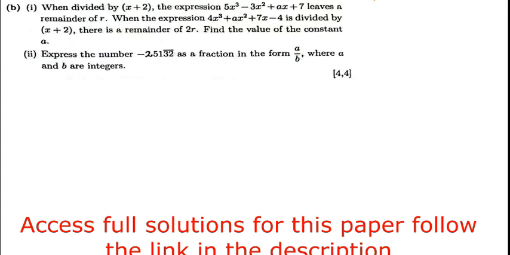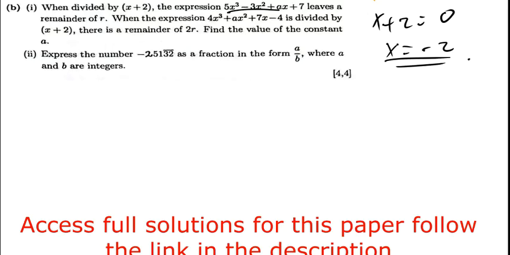They're saying that x plus 2 is equal to 0, so x is negative 2. If I plug in negative 2 in this equation, the remainder is r. Same with this one. If I plug in negative 2 because it's also x plus 2, the remainder is 2r.